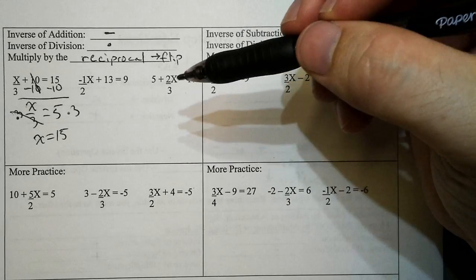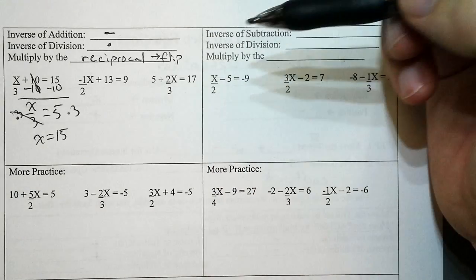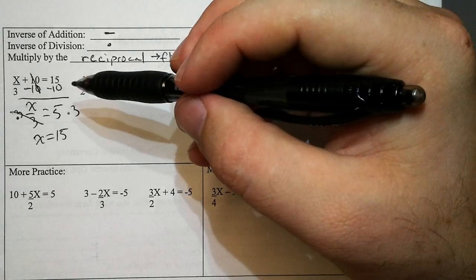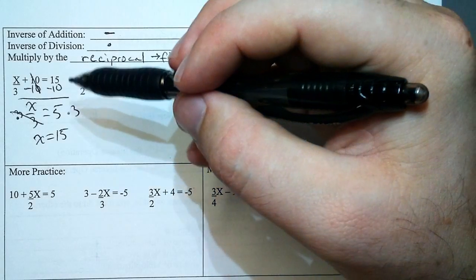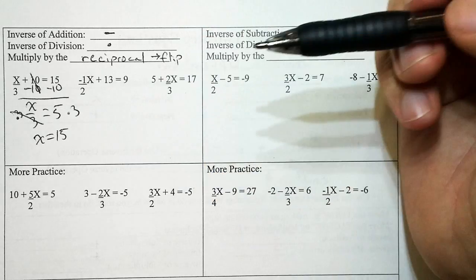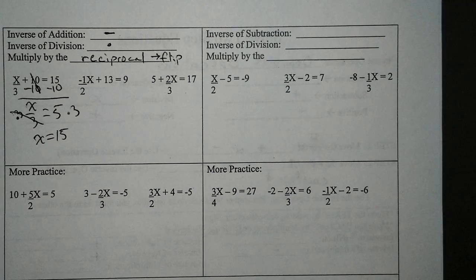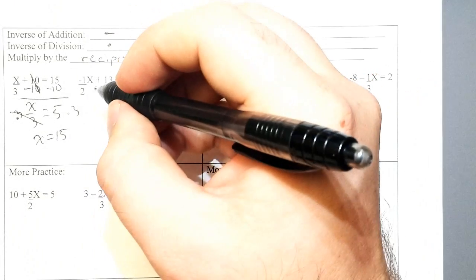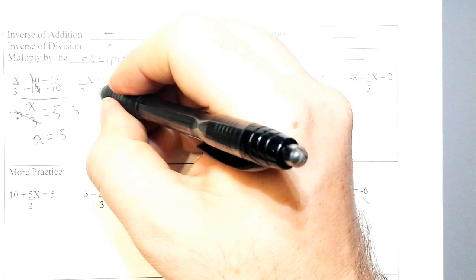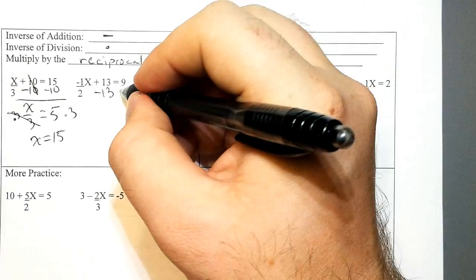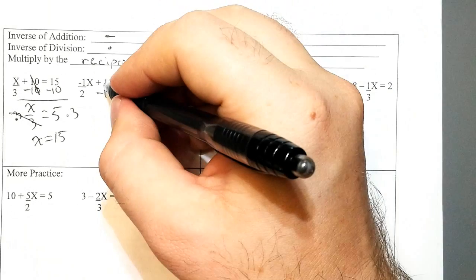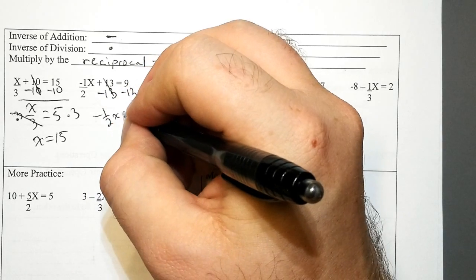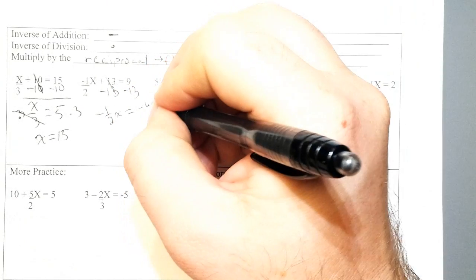Now, when you have a fraction, like in this next one, first, we're still going to move our numbers to the other side. You deal with the number with x last. Just treat it the same way you did the coefficient on the other side. Do this number first. So the opposite of positive 13 or plus 13 is minus 13. Subtract it on this side. Those cancel, and we get -1/2 x is equal to -4.